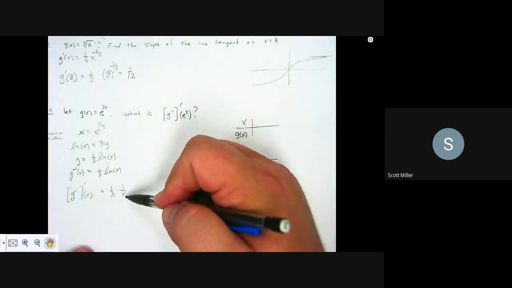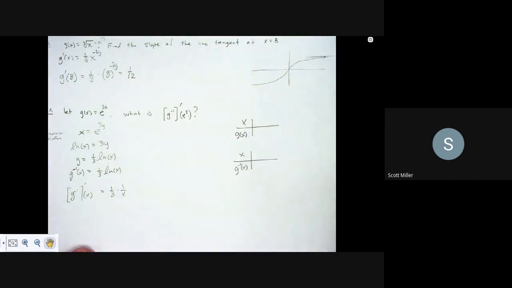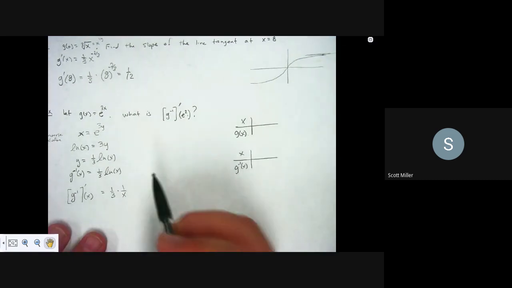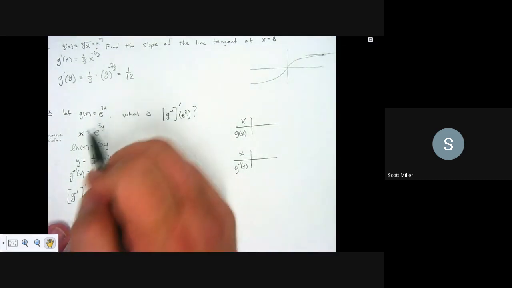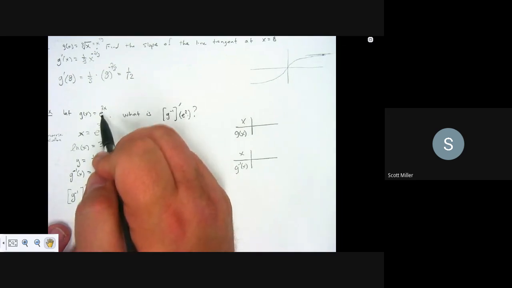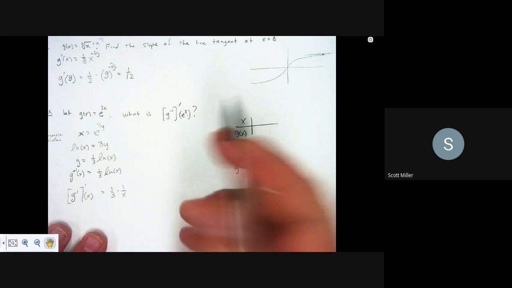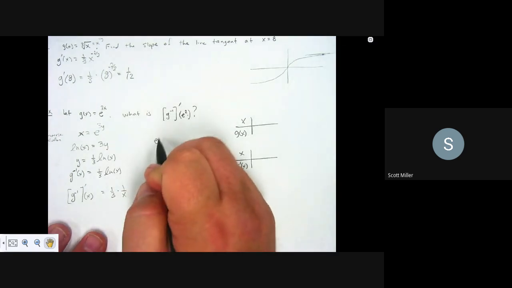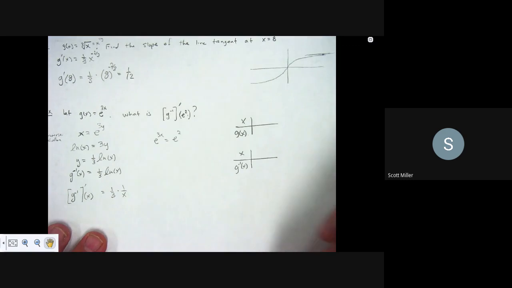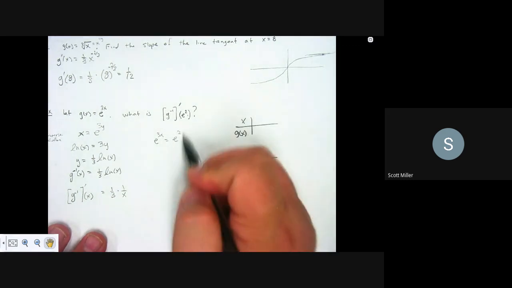Okay? So what does the x down here have to be so that I can get e squared up here? Okay, so that's what we're trying to accomplish. And to do that, you're simply going to put e to the 3x equals e squared. I've got to find that x that produces this.